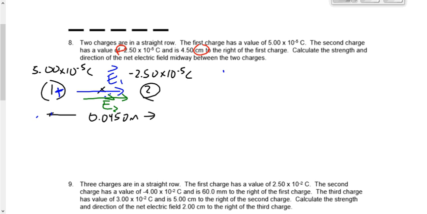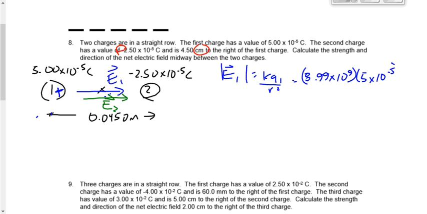Okay, we calculated each of these fields now. We say kQ1 over r squared, 8.99 times 10 to the 9, times Q1, which is 5 times 10 to the minus 5, divided by r squared. What's the value of r? 0.0450? Half of that. We want to find the field strength halfway between.